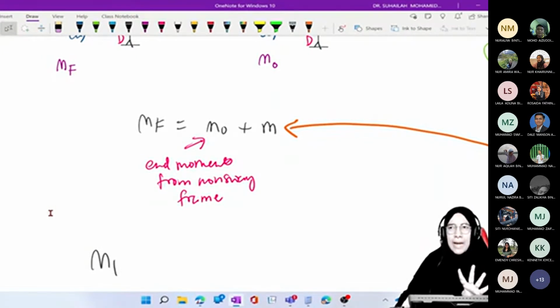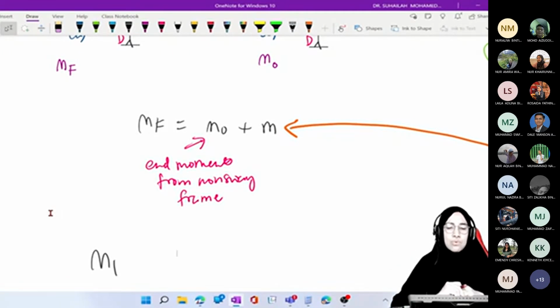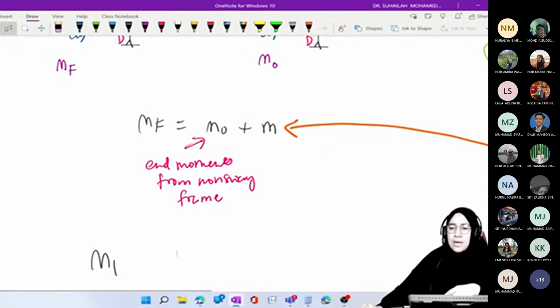So from these four there is one unknown, which is M. Then we substitute it back into the formula that we get from A.